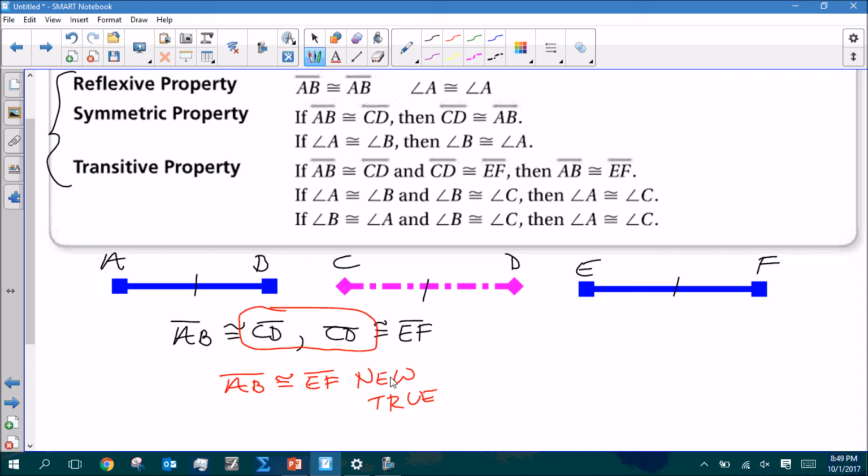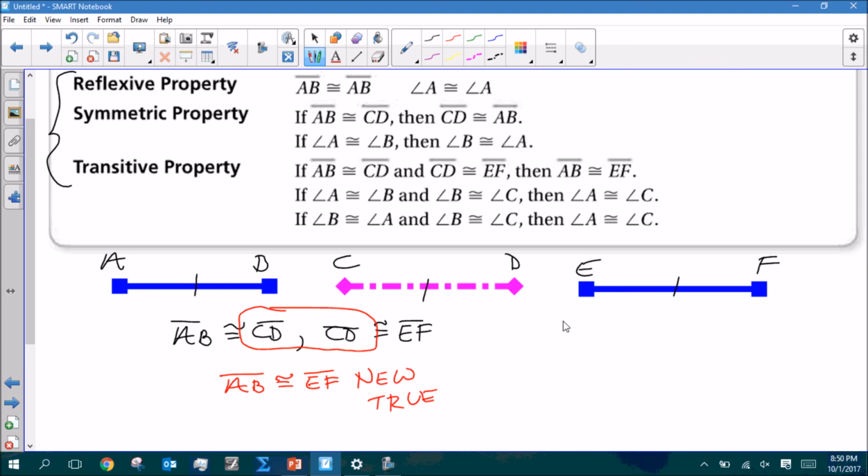Okay, these properties are as important, if not more important, than some of the vocabulary that we deal with. Remember, we talked about, we're going to have a hard time with this course if we don't know our vocabulary words. We can't read the book that uses these terms. It's going to be a very difficult course. These properties, they have to be something that you guys start learning, start using on a consistent basis.